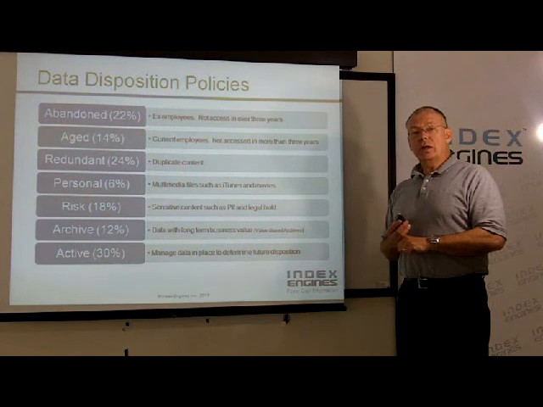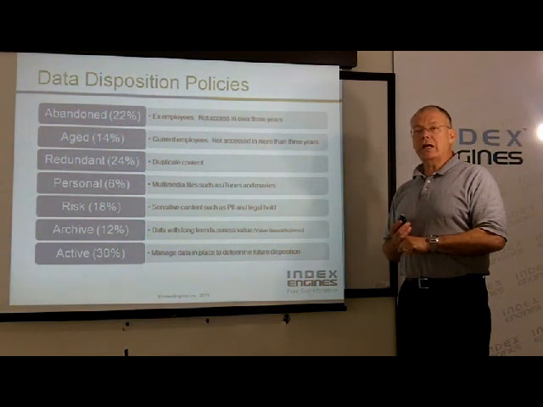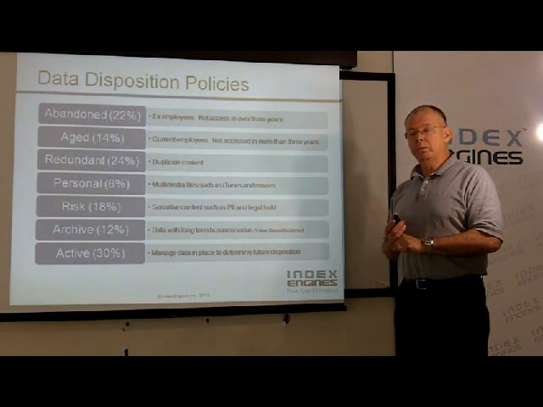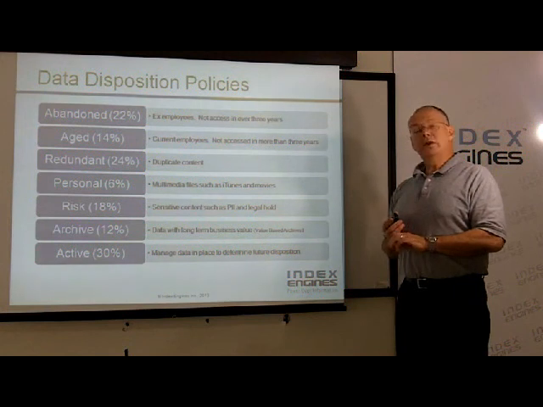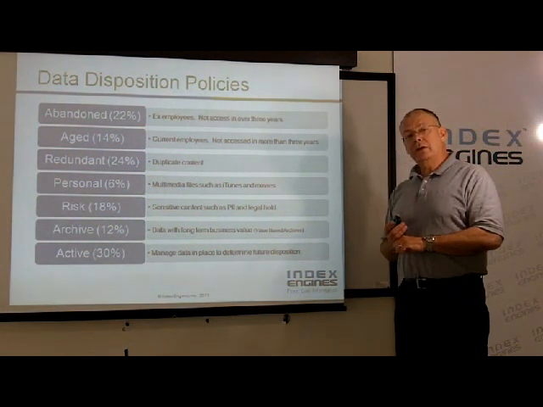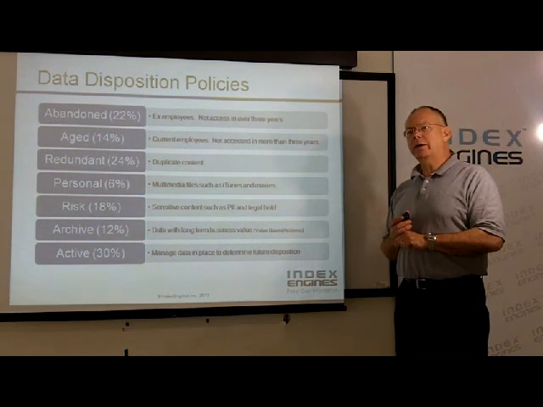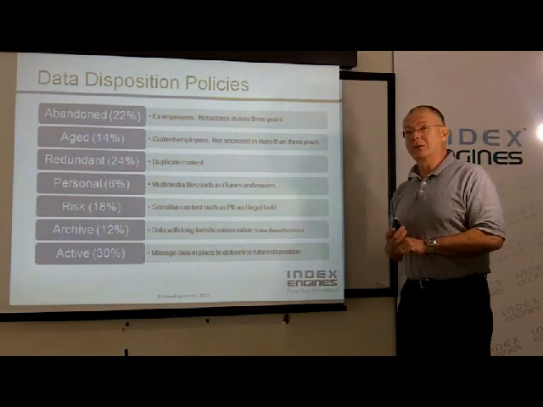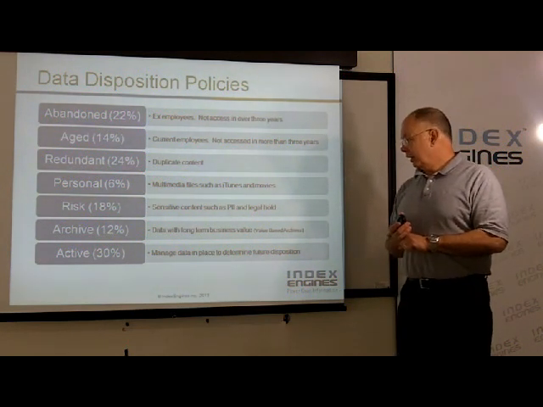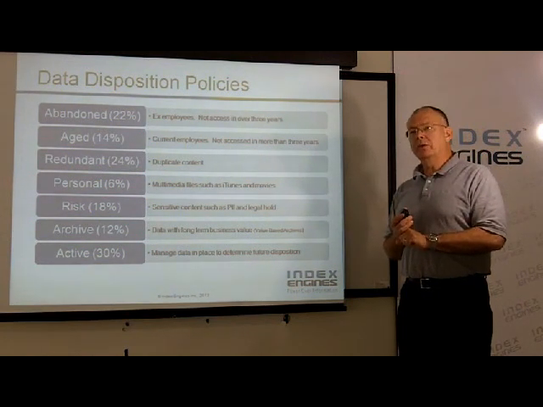Redundant data, this is data that's redundantly stored across your network. Personal data, such as multimedia files and iTunes directories that have no current business value. Data that may be at risk, possibly sensitive data or data that contains PII information. Archive data that really should have long-term archive storage, as well as active data. That's data that's useful to the current state of the business.